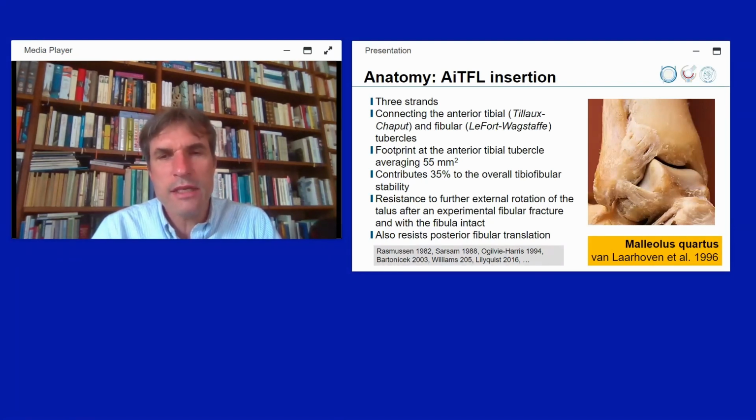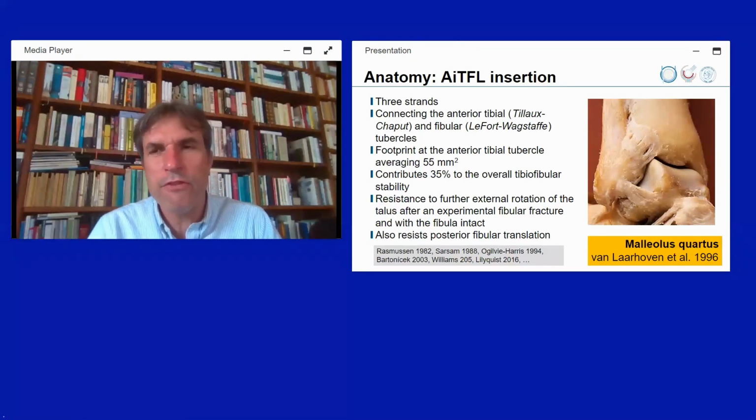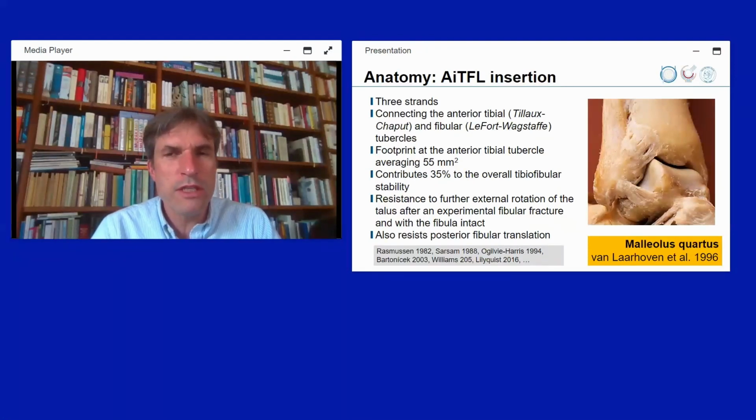It has significant resistance to external rotation of the talus, in experimental fibular fractures and also in dissection experiments with the fibula intact. So it is an important restraint for both the fibula and the talus. And of course, if you fix a fracture here, then you have bone-to-bone stabilization of the anterior syndesmosis, just like you have with smaller fragments at the posterior malleolus.